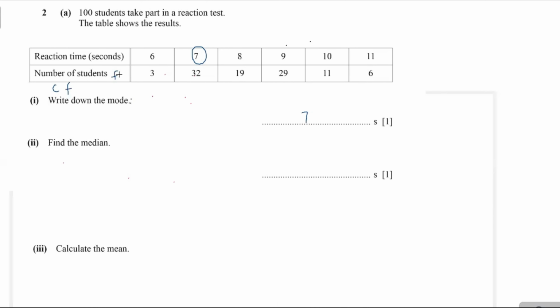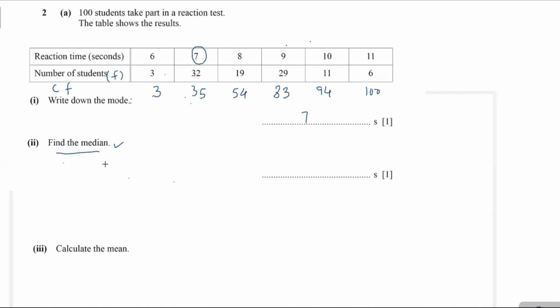This is the frequency of the data. Now cumulative frequency will be 3, and 3 plus 32 is 35, 35 plus 19 is 54, and 54 plus 29 is 83, and 83 plus 11 is 94, and that's equal to 100. Now the middle value of the data will be the median.